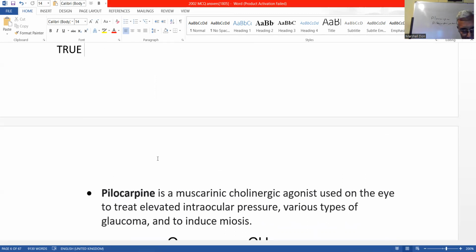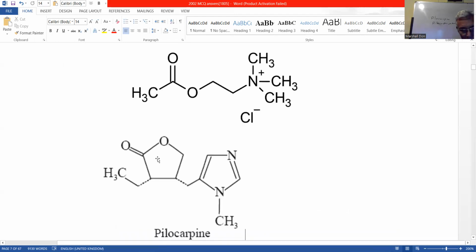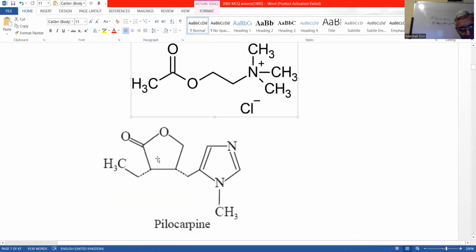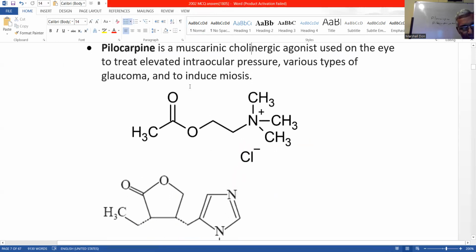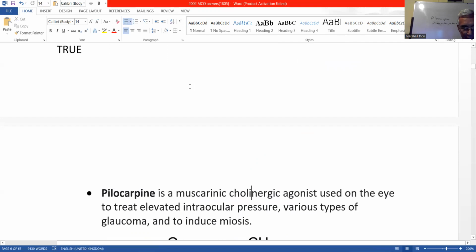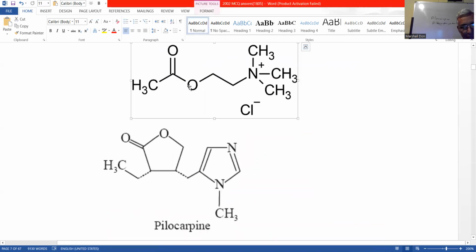What is the meaning of that? See the molecular structure. This is the neurotransmitter acetylcholine. This is pilocarpine. Pilocarpine works as acetylcholine.